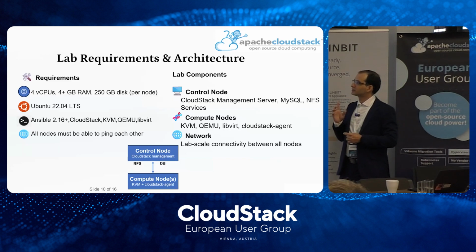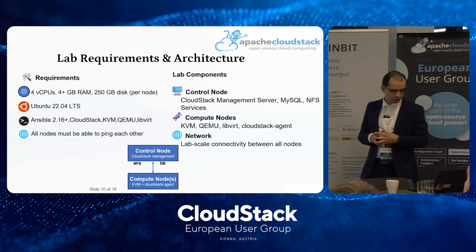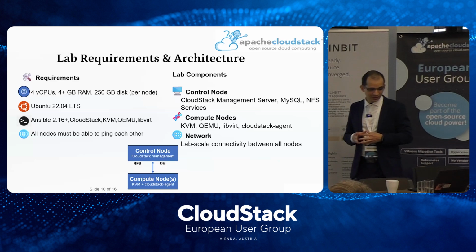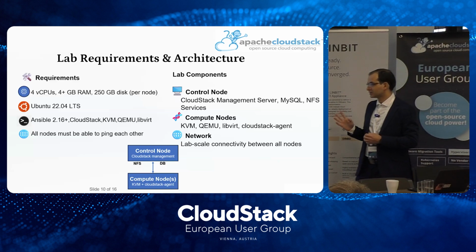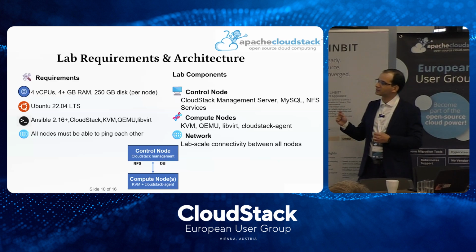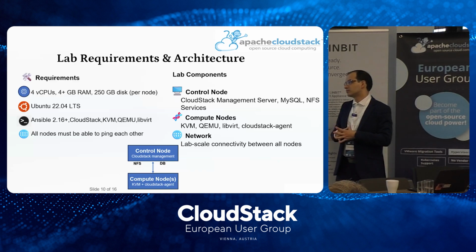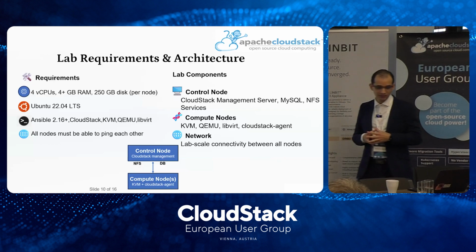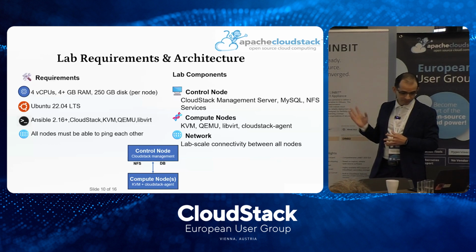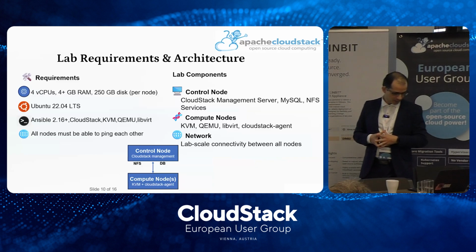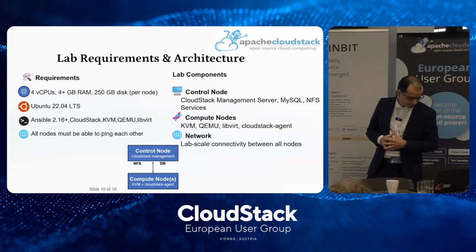It's important that at least the CloudStack node has 250 GB, because there, for this example, we will use it as primary storage and secondary storage. Of course, the best choice would be to have it on NFS, on NetApp or whatever, but for this lab it's good enough, and for testing it's good enough.